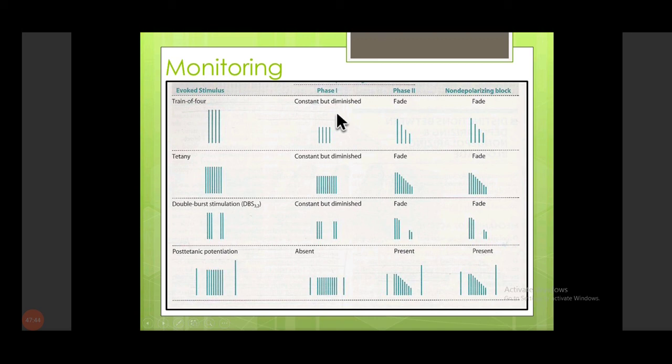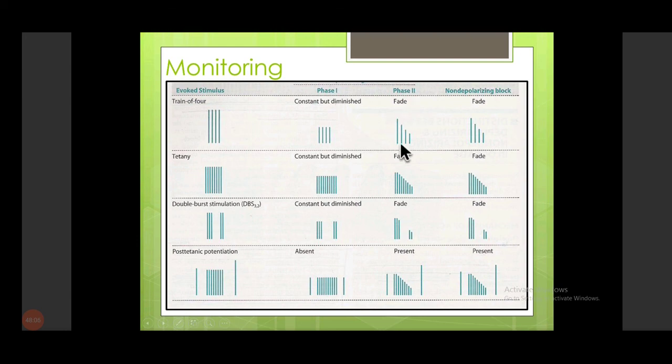Why diminished? Because you are not giving enough time for the nerve to repolarize and again depolarize. So there is no complete depolarization and no complete response.